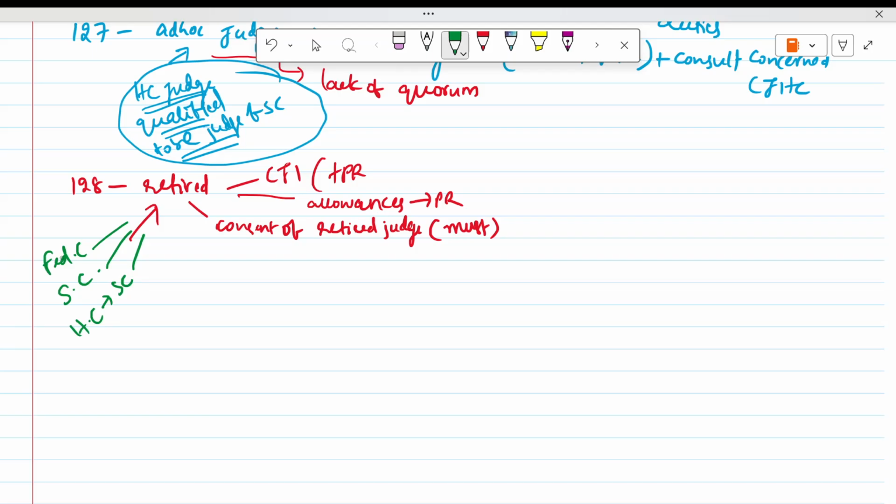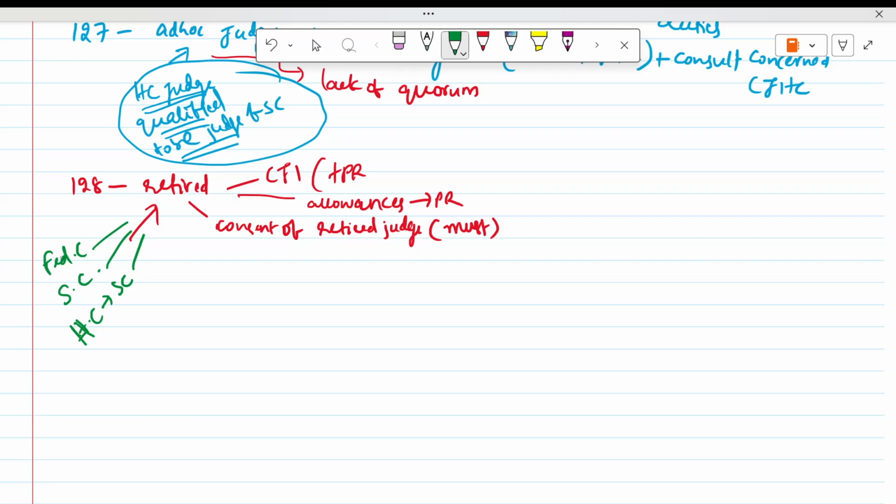Or a High Court judge who is retired but eligible to become a Supreme Court judge, but due to his age or other reasons retired before that, the CJI can call him also to serve the Supreme Court. That is Article 128.